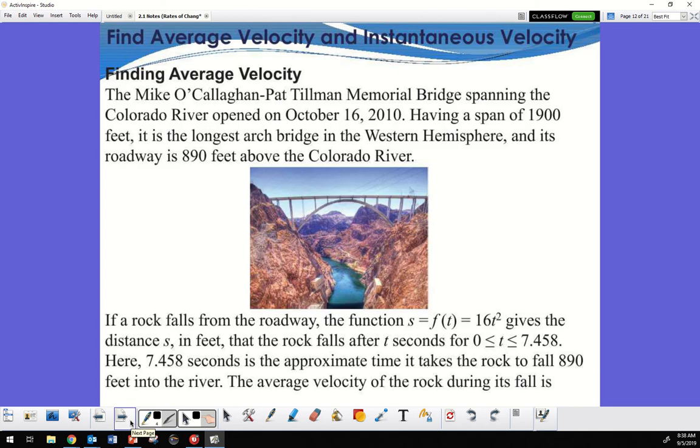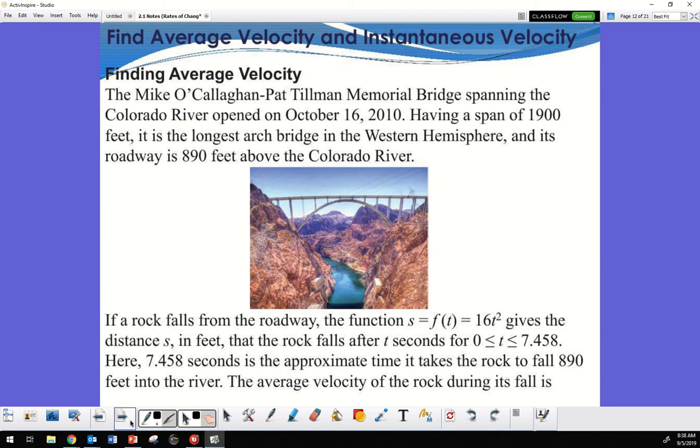All right, so Mike O'Callaghan, Pat Tillman Memorial Bridge spanning the Colorado River, opened October 16, 2010. Having a span of 1,900 feet, it is the longest arch bridge in the Western Hemisphere, and its roadway is 890 feet above the Colorado River.